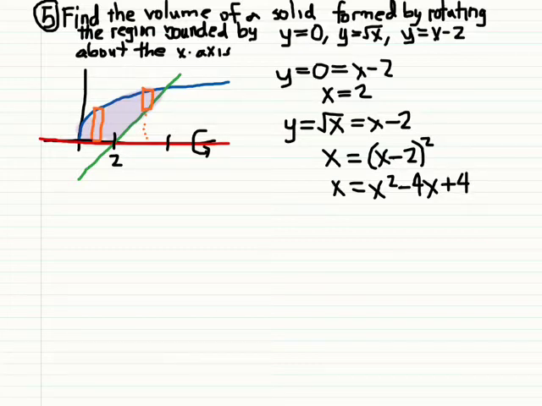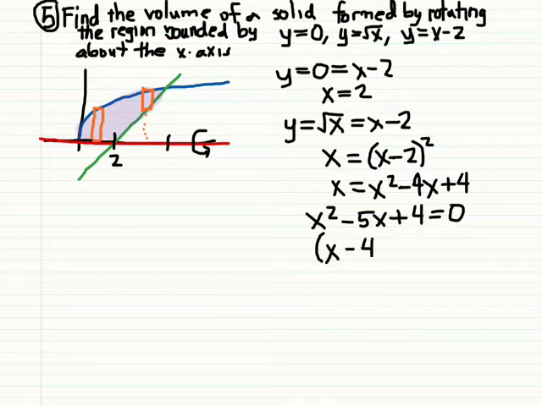Let's move that x to the other side, and we get x squared minus 5x plus 4 equals 0. And if I factor that, I get x minus 4, x minus 1 equals 0. Two answers, x equals 4 and x equals 1.